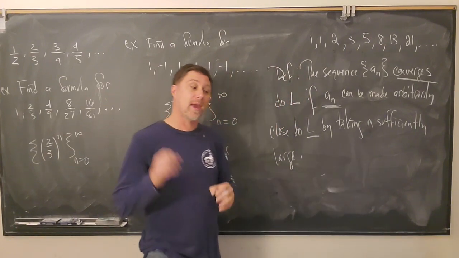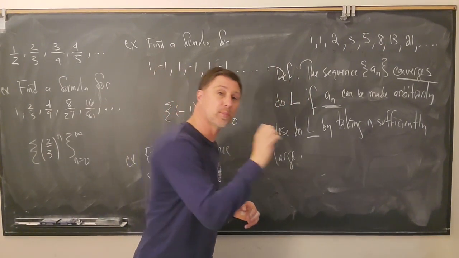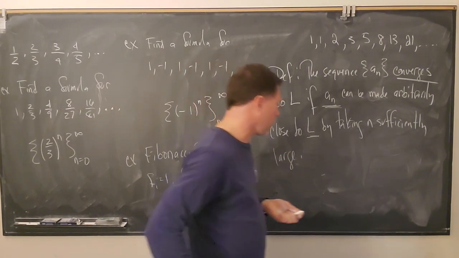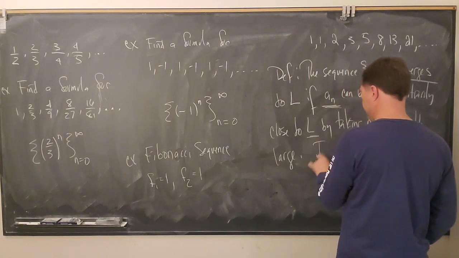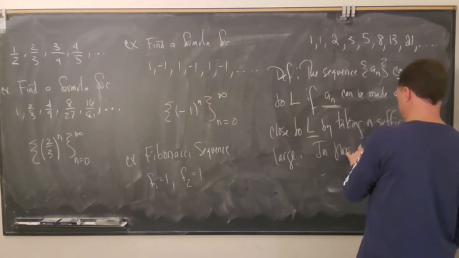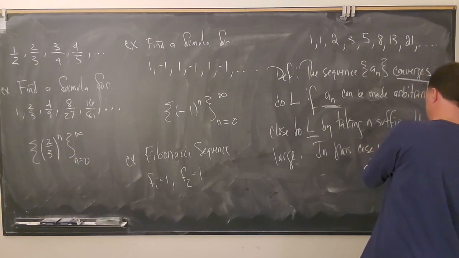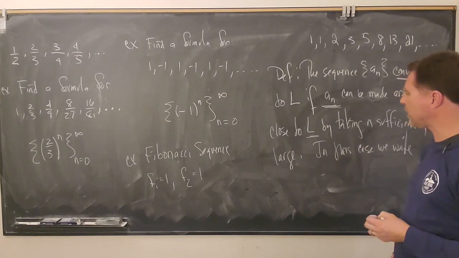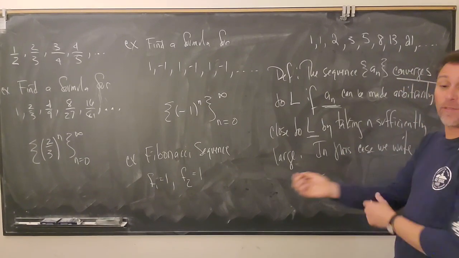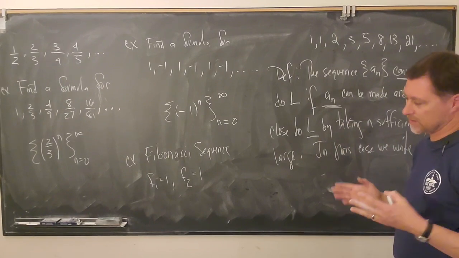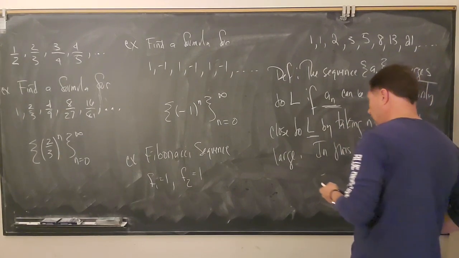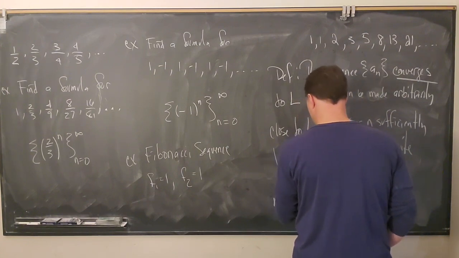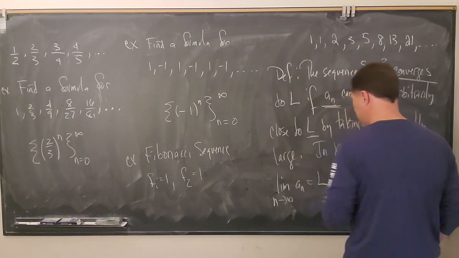So if the terms are getting closer and closer to this particular number L, then we say that it converges to L. In this case, we write, and this definition should look familiar, since it reminds you of the definition of the limit of a function as x goes to infinity. It's almost the same definition. So we write that the limit as n goes to infinity of a sub n is equal to L.